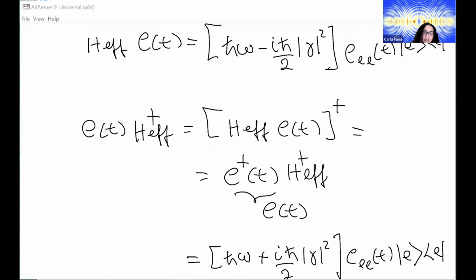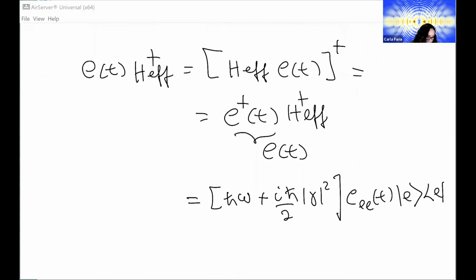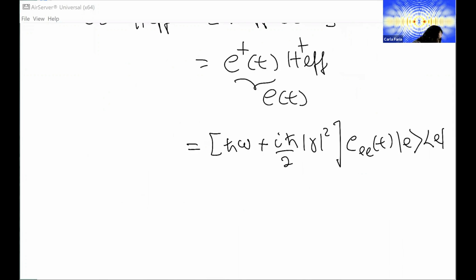Brilliant. So we're getting there. And now we need just the last part, which is we need to calculate L ρ(t) L dagger.